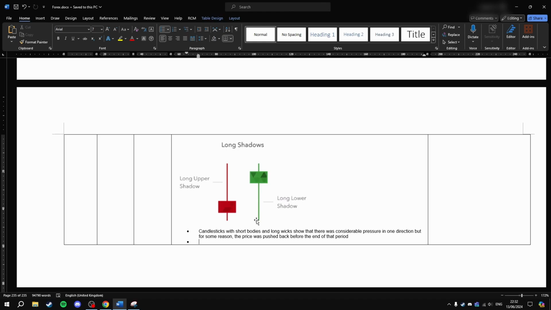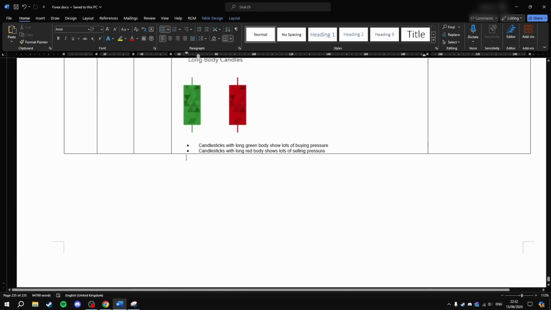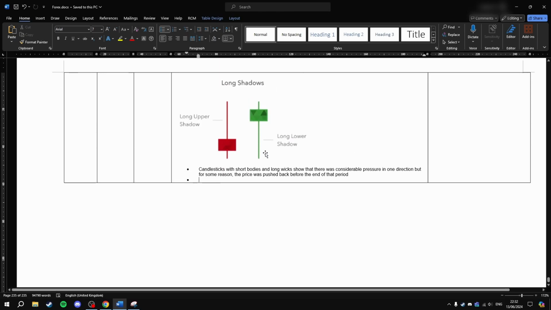Let me just rethink. Opens here, lows here, closings here, highs here, right? So the opening price is really far away from the lowest price in that period, and the closing price is really close to the highest price in that period.